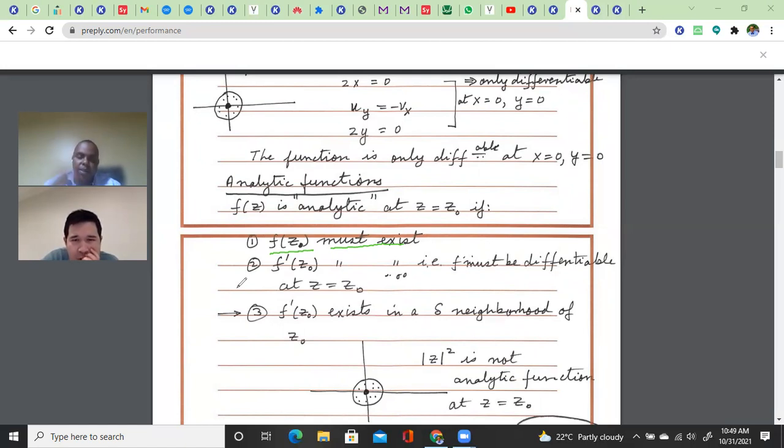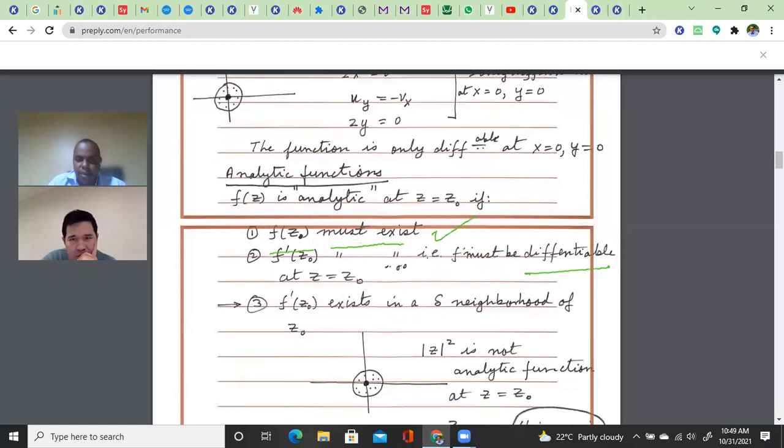Because if the function is differentiable, it's the major condition to check whether it's analytic. Many times the function is going to exist, so the only condition that we check on many occasions is whether it's differentiable at the point of discussion.